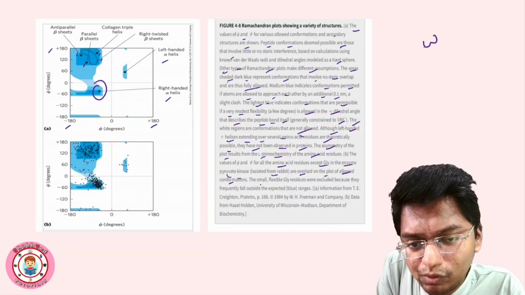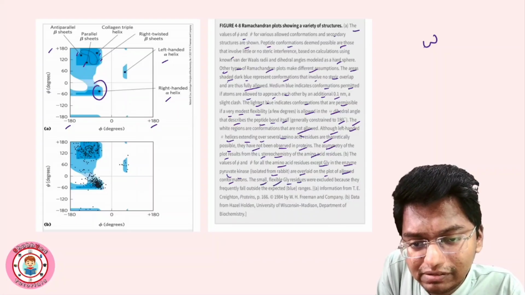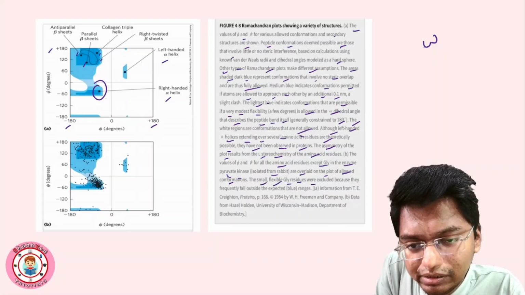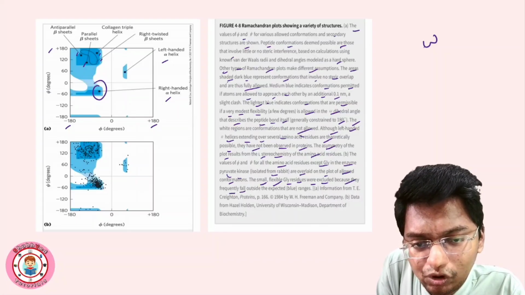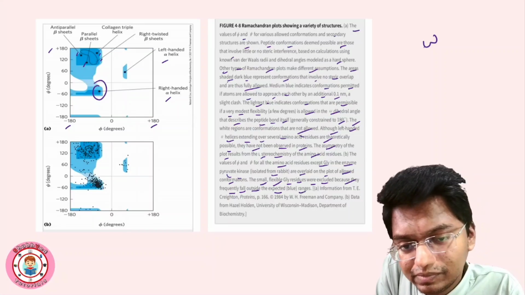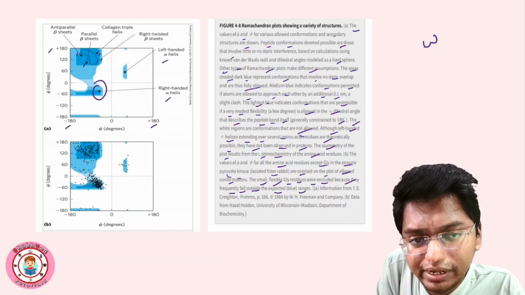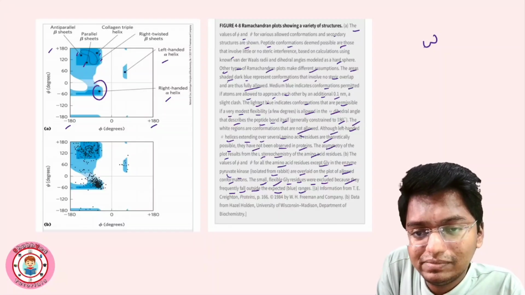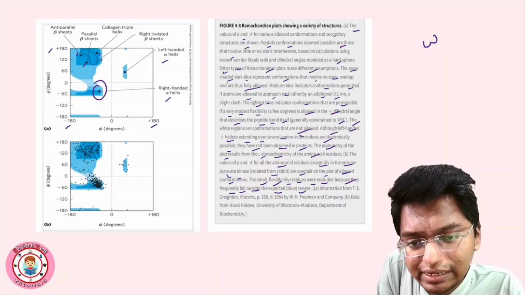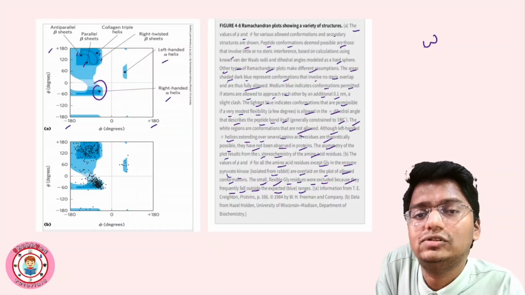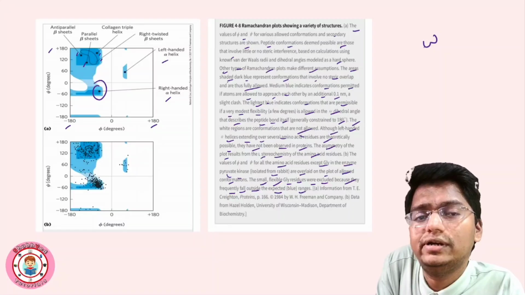See, the small flexible glycine residues were excluded because they frequently fall outside the expected ranges, right? They exist outside the expected blue range, so glycine has been excluded, that means not included. Okay, so this is very important.